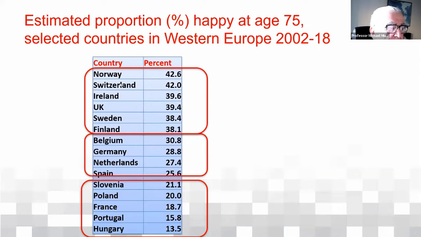So in Nordic countries and the British Isles, about 40% of people estimated at age 75 would be happy. In the other Western European countries, Germany, Netherlands, etc., about 30%, and at the bottom, France is an outlier, but anyway, the countries of Eastern Europe tend to have much lower levels of happiness. So that's a distribution of the sample.